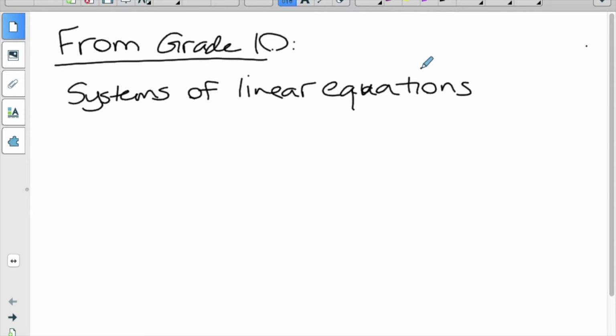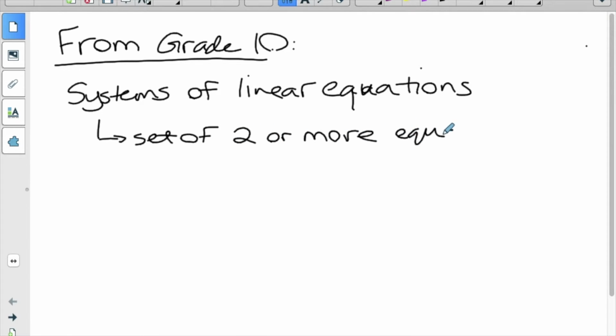So a system of equations in general is a set of two or more equations with two or more variables.